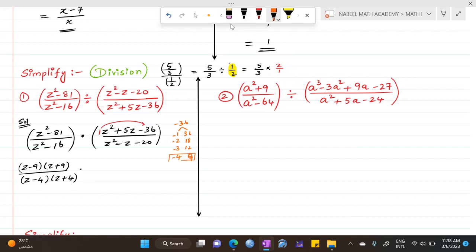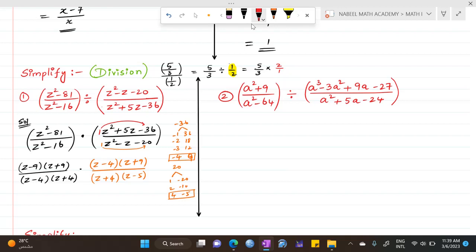If you multiply, you will get minus 36, and if you add, you will get plus 5. Therefore, it is z minus 4, z plus 9 over. Similarly for 20: 1 into 20, 2 into 10, 4 into 5. So the big number is minus. So I write it directly because the leading coefficient is 1: z plus 4 and then z minus 5. Now what terms get cancelled here?